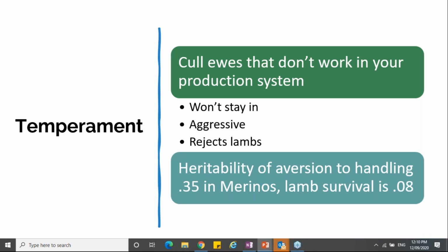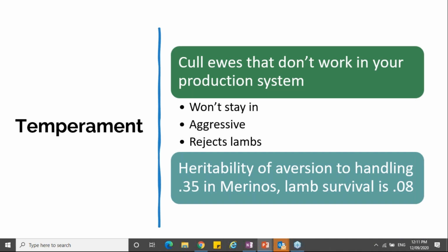One study that I looked at, they tried to do this a little bit by figuring out the heritability of an aversion to handling. So they did this in merinos, and they basically judged them based on how far they ran away from the person under a specific set of circumstances. So, if they're more than 4 feet away, more than 8 feet away, more than 16 feet away, kind of a thing.